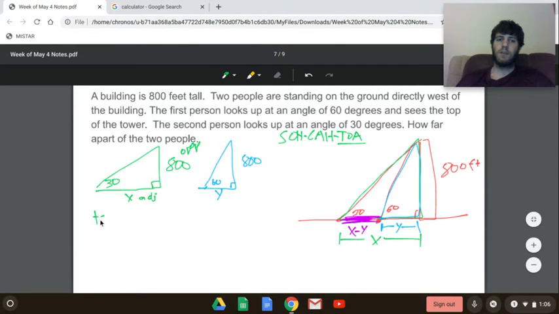So tangent of 30 equals 800 over x. You multiply x on both sides, and you get x times tangent of 30 equals 800. Then you divide both sides by the tangent of 30.